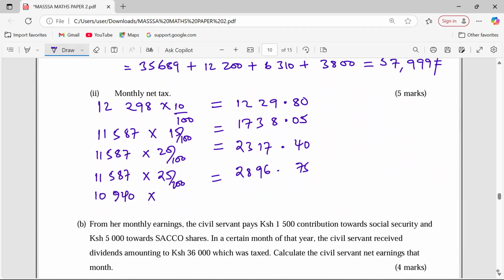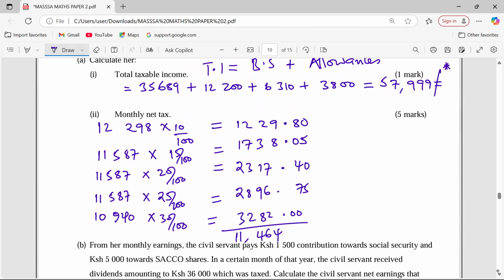This one at the rate of 30% is giving us 3282.00. So we can get the gross tax now by adding up everything. This will give us 11,464. This is now the gross tax per month, which this lady is able to pay.